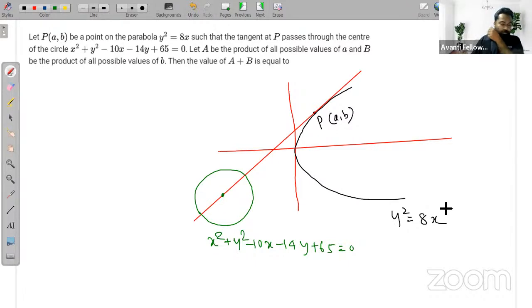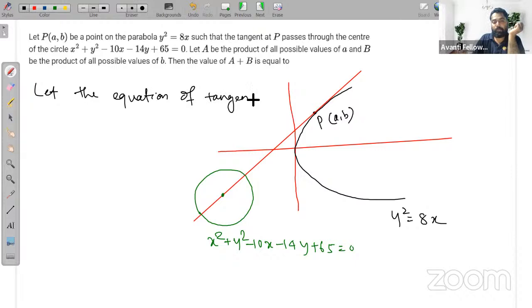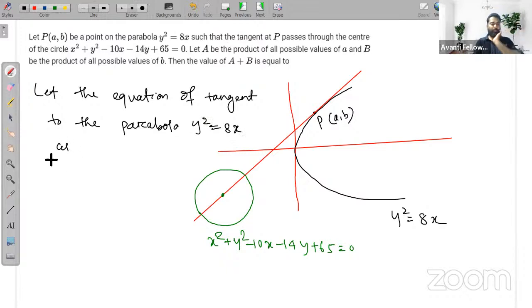So already we have given the equation of parabola as y square is equal to 8x. Suppose I am taking, let the equation of tangent to the parabola y square is equal to 8x be yt is equal to x plus 2t square, because here a is 2.